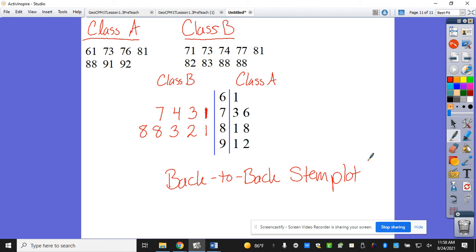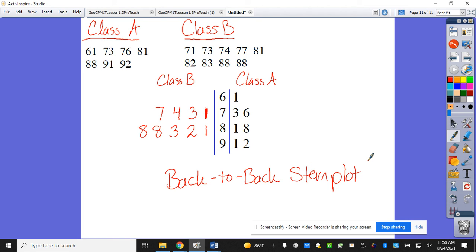So we have a stem plot and two specific types of stem plots. One of them is a split stem. Don't get that confused with this because it looks like it's split. A split stem does what? Splits up the tens place, whatever that is.